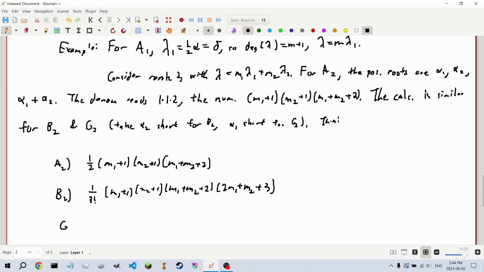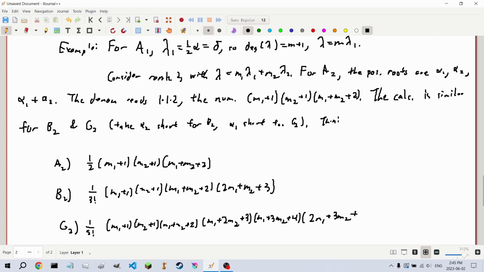And for G2, our term out front is 1 over 5 factorial. And then we have m1 plus 1, m2 plus 1, m1 plus m2 plus 2, m1 plus 2, m2 plus 3, m1 plus 3, m2 plus 4, and then finally 2m1 plus 3, m2 plus 5.